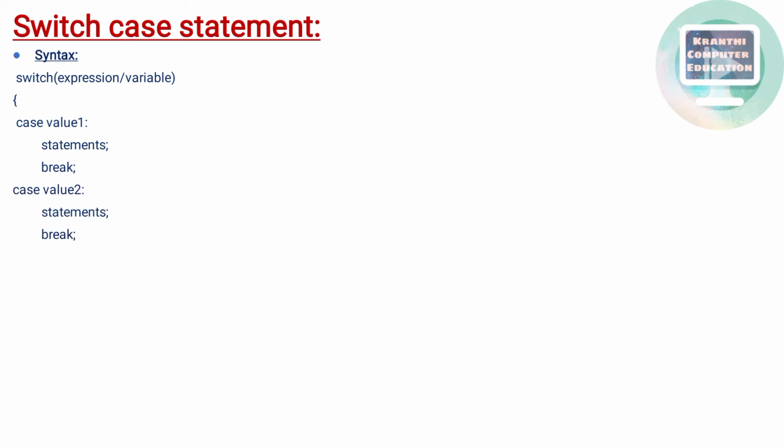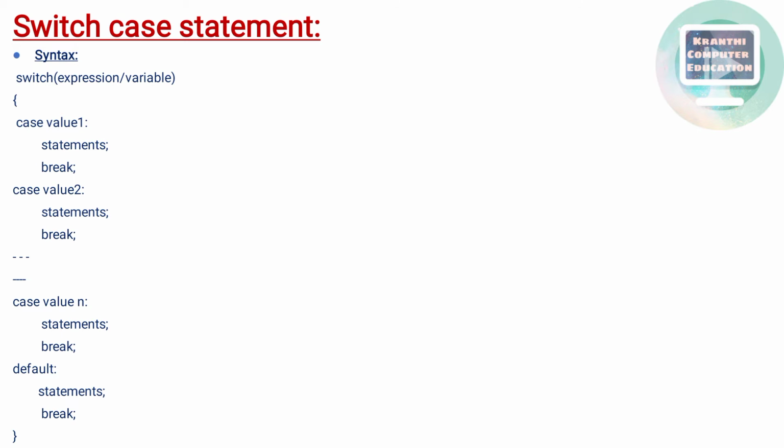Next, case value 2 colon, statements and break, and so on up to case value n, statements and break statement. After writing all the case values, we can write a default block: default colon, statements semicolon, break semicolon, and the closing brace of the switch statement. So this is the syntax of the switch statement.